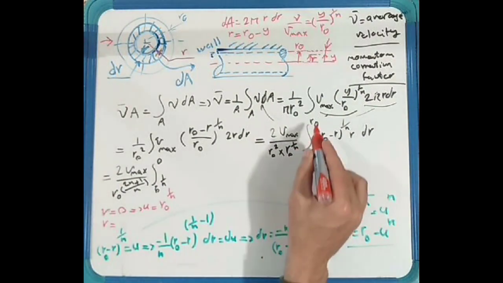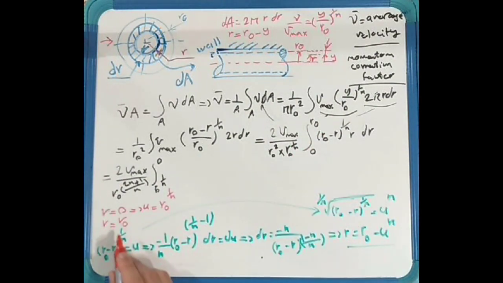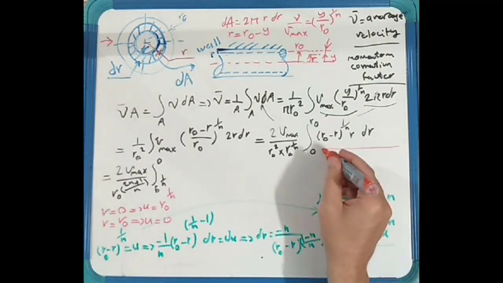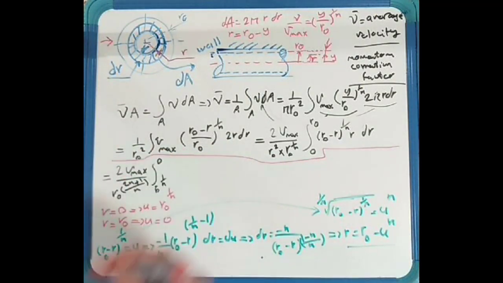If R would be R0 and I put R0 here, the u would be 0. Okay, then let me continue.